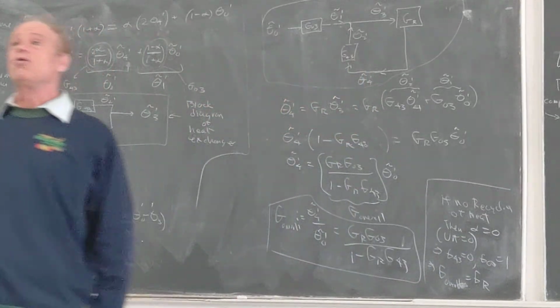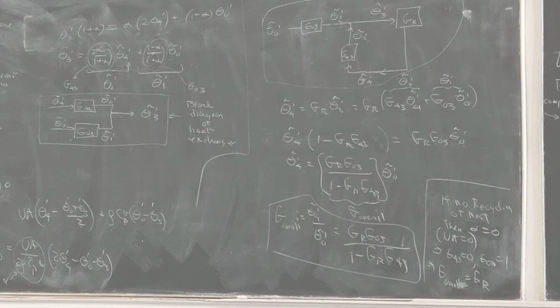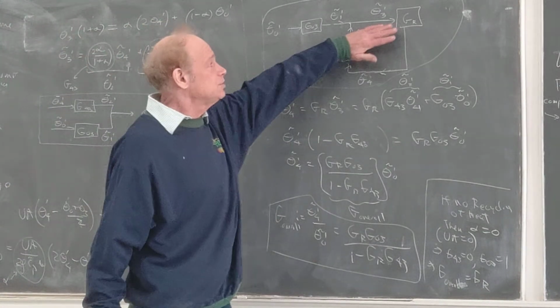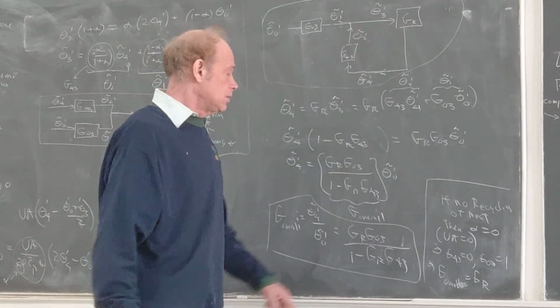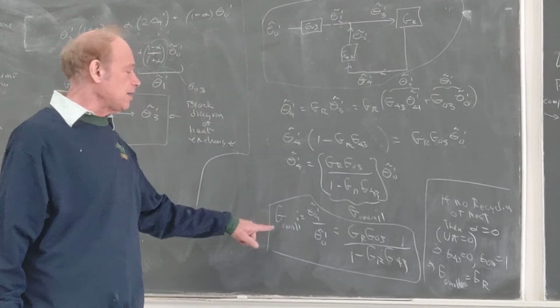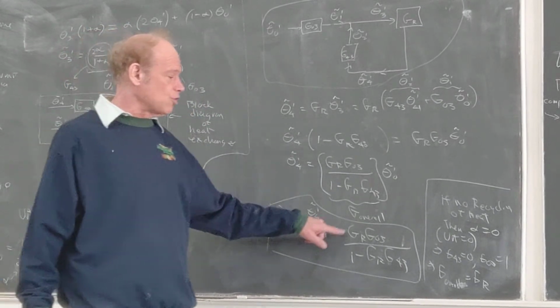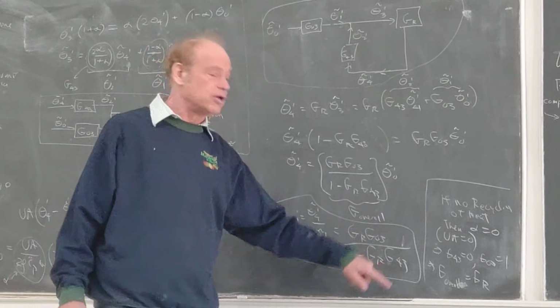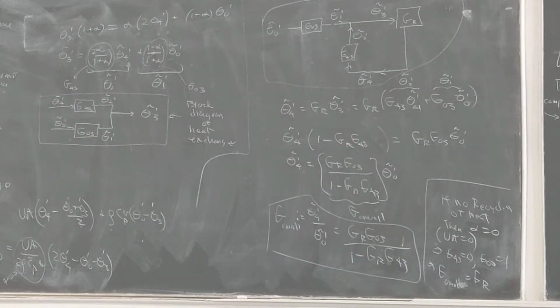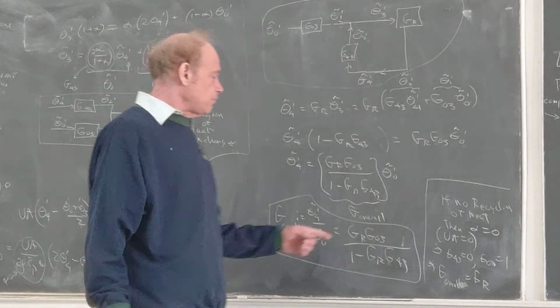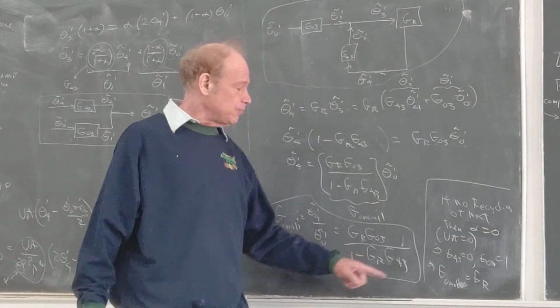So if I have no heat exchange, then G overall is just GR. On the other hand, when I do have heat exchange, G overall is GR G03 over 1 minus GR G43. Remember, the stability of the system depends on the zeros of the denominator.